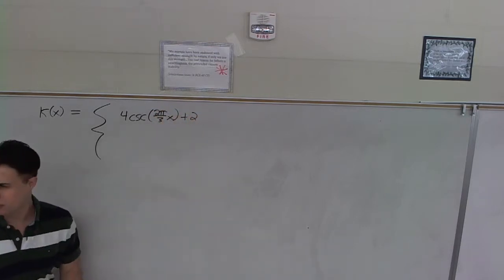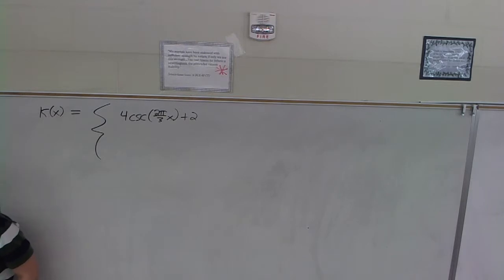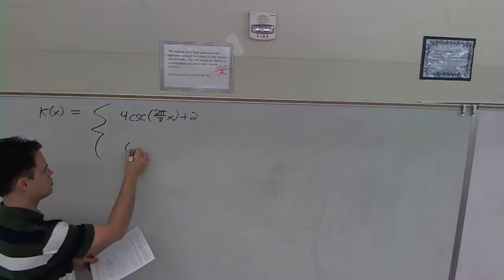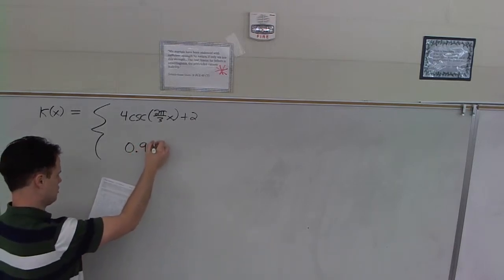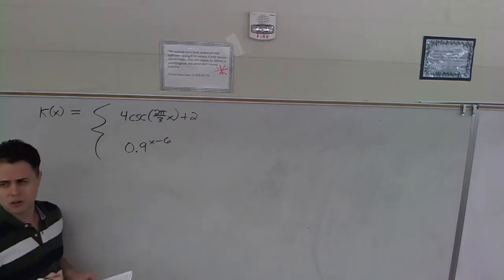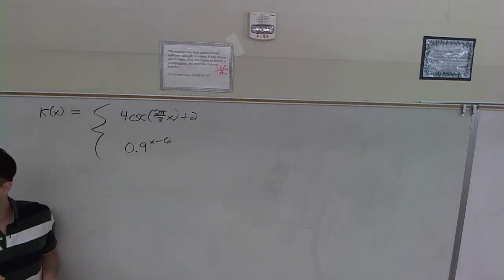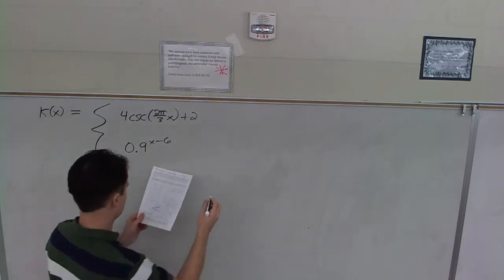So we got a fairly complex trig function. It's not that bad because it doesn't have a phase shift, so it shouldn't be too bad. Let's see, and then the other one, what kind of function is this part? Exponential decay that's been shifted. Right 6. Minus is right, yeah? Right 6, there you go. Okay.